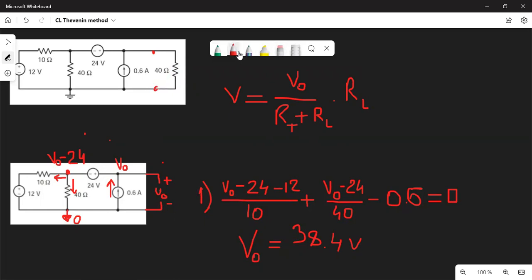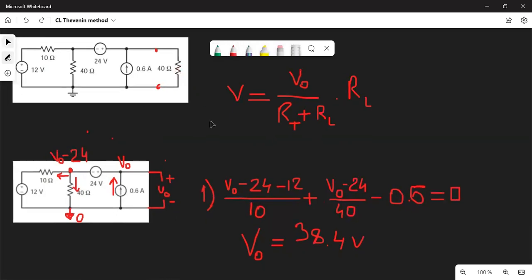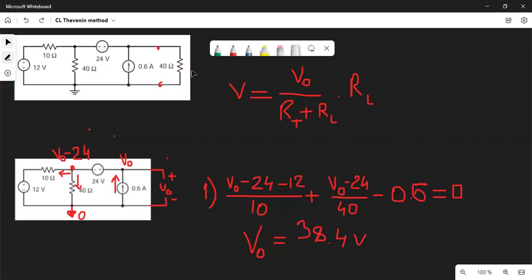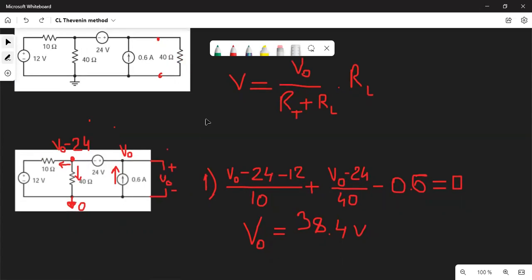You have to redraw the diagram. I want to do this also at the end of this problem.